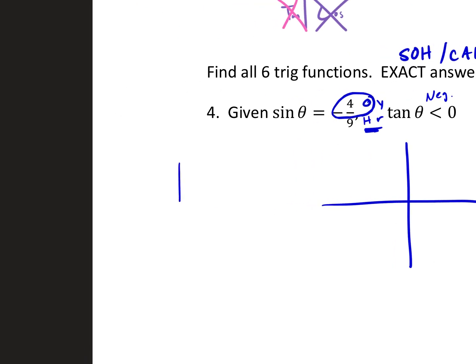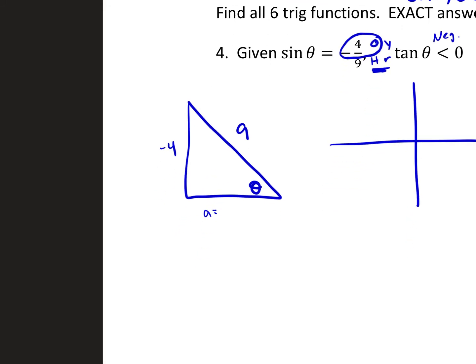So I'm going to draw it as a triangle here with my theta. My hypotenuse is 9. Opposite is -4, we could say. So how would I find my adjacent? Do Pythagorean theorem.